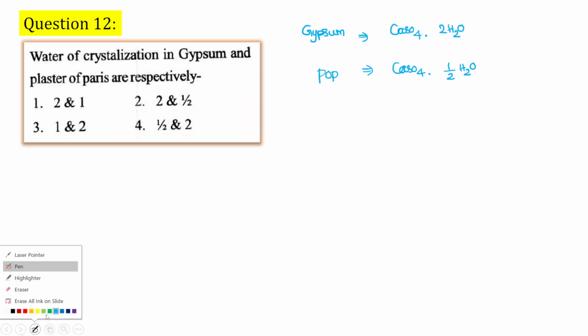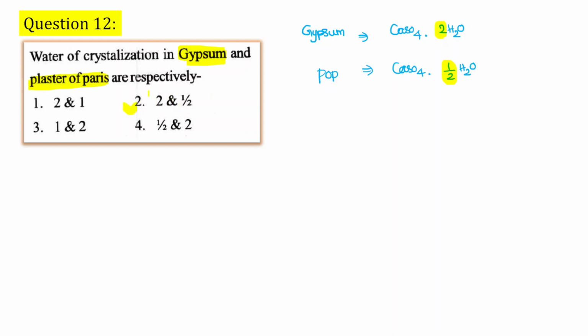So the water of crystallization here is 2 and 1 by 2. Look at the order they have asked for. First is gypsum, then POP. So first 2 and then 1 by 2. So the answer here is 2 for this question.